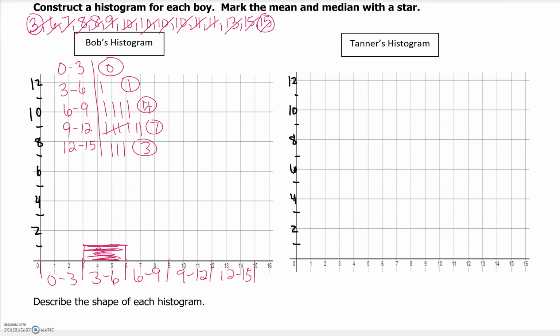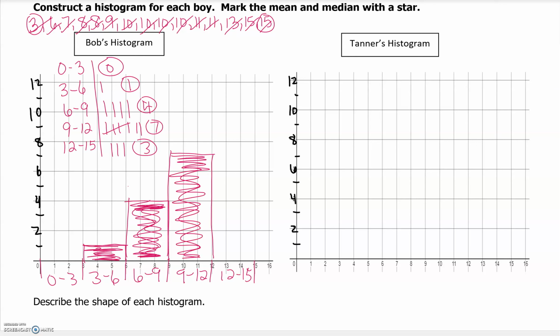Group 6 to 9 had a total of 4 tally marks, so my bar should reach up to number 4. 9 to 12 had a total of 7, so draw group 9 to 12 going up to number 7.